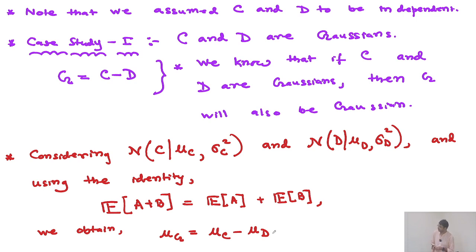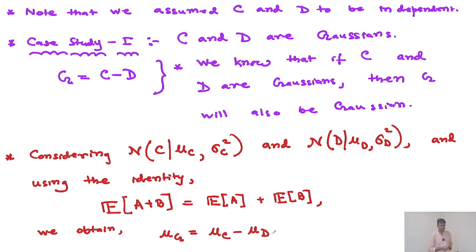Similarly, can you tell me what will be the variance of G? Yes, you can use that, but there is an identity for variance as well. What is that?